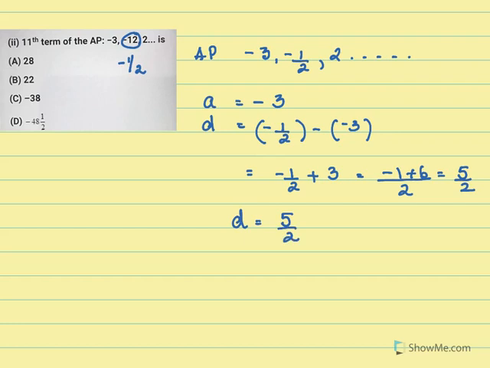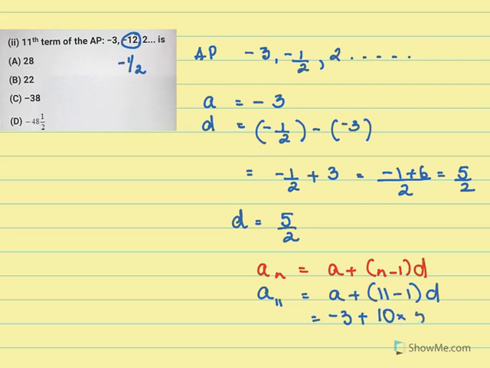And we need to find the 11th term. So we have AN equal to A plus N minus 1 D. Here it is the 11th term. So A11 equal to A plus 11 minus 1 D. So we know our A is minus 3, 11 minus 1 is 10, and our D is 5 by 2.